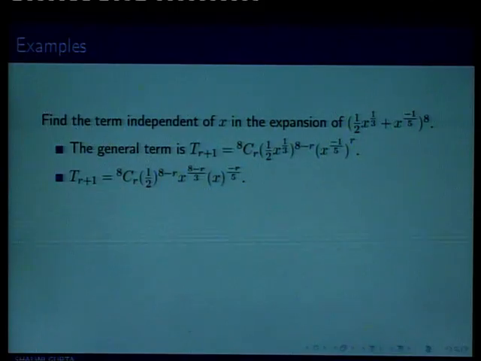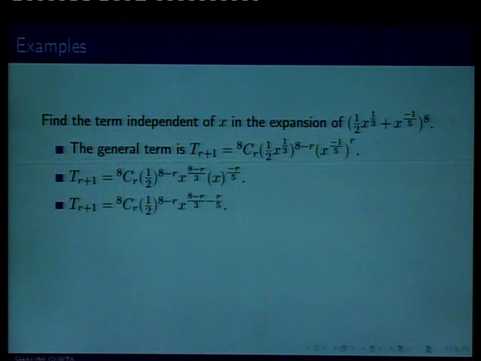Then we have separated the terms without x, we have separated the terms with x, and the power of x turns out to be (8−r)/3 − r/5. Since we have to find the term independent of x, we put the power (8−r)/3 − r/5 equal to 0, so that we get r to be 5.